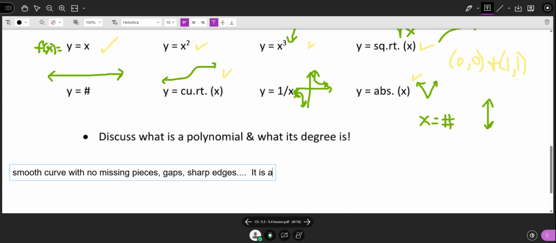It is an equation containing only positive integer exponents.